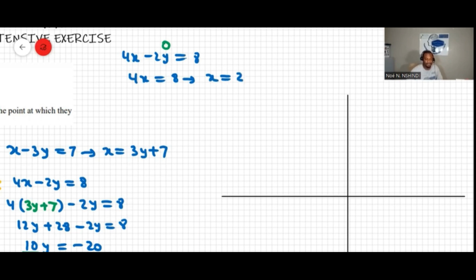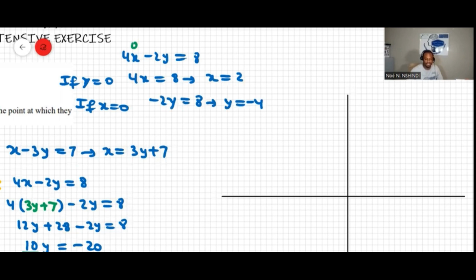This is if y is 0. Now if x is equal to 0, so I sub in a value of 0 there, this will be negative 2y equal 8, which means y will be equal to negative 4.